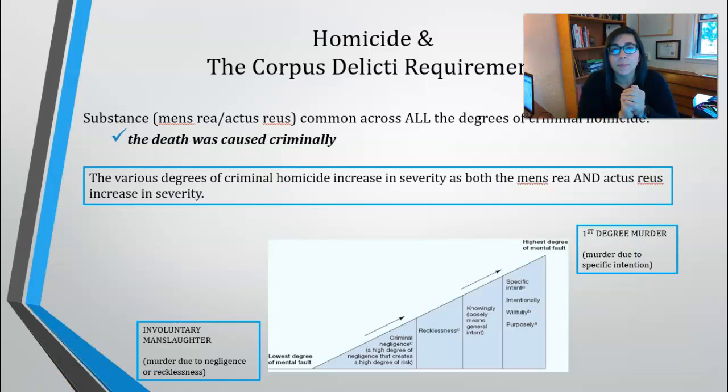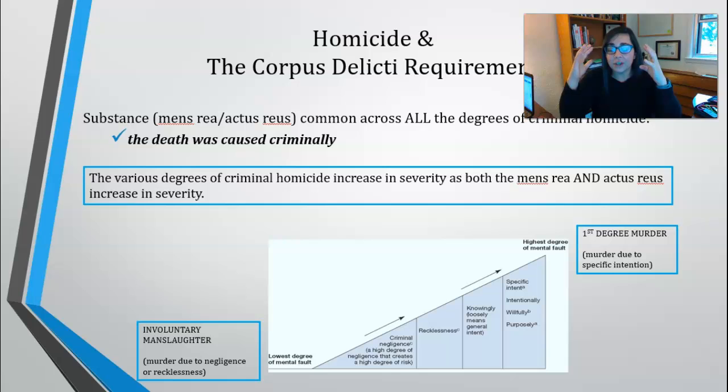Shifting gears just a little bit, I want to go back to that concept of mental states. And this is a really great graph to show how homicides fall in that scheme. Again, we have first-degree murder, the most serious type of murder, the one where we see the serial killers and the really horrible people being charged. That's all the way up at the top with specific intent, intentionally, purposefully.